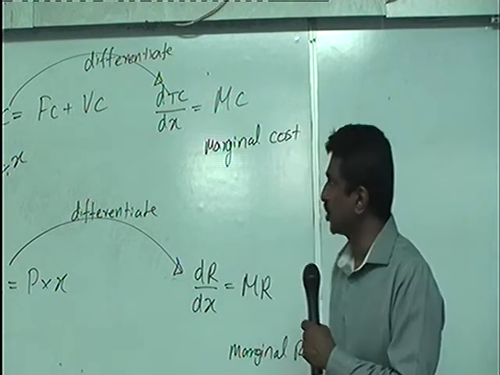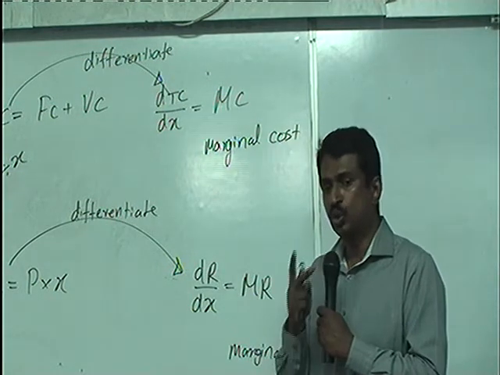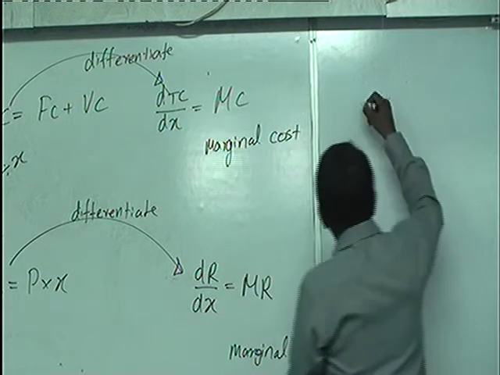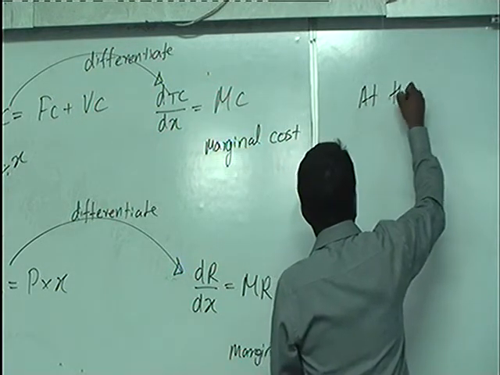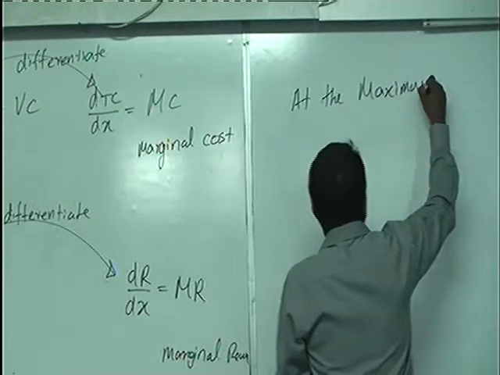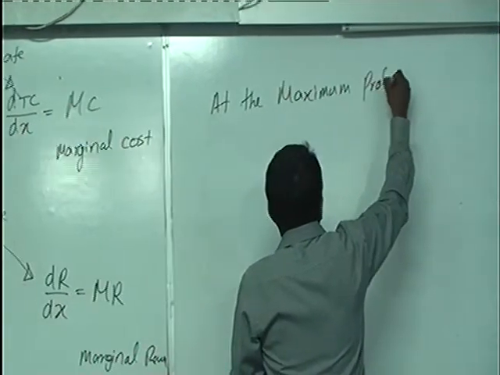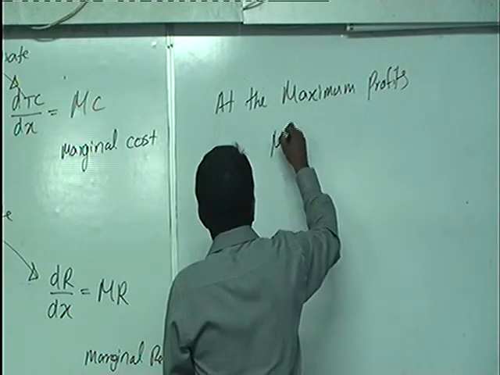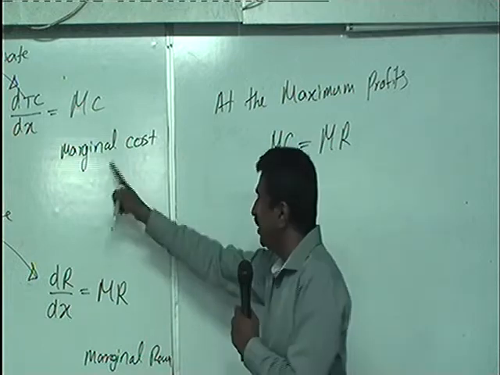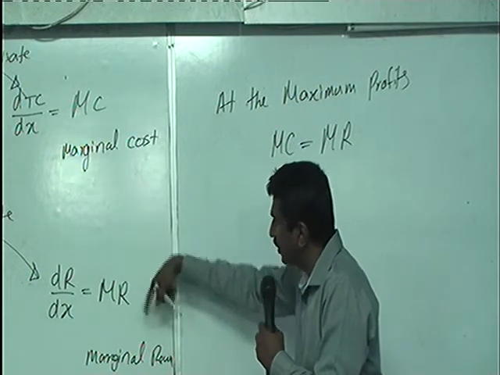So for maximization of the profits, there are two ways of calculation. First one: at the maximum profits, MC equals MR, marginal cost is equal to marginal revenue. Which we have done here, calculation of marginal cost and marginal revenue.